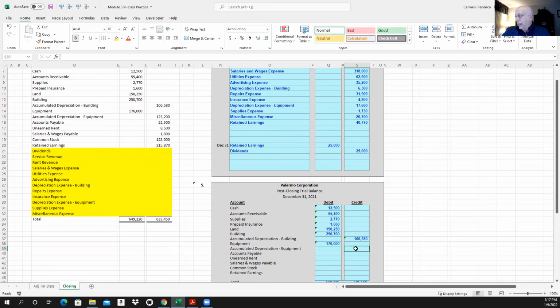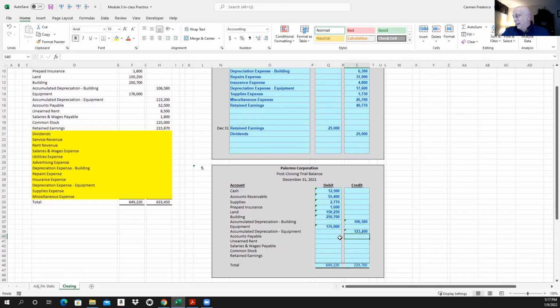So these are just our balances. We're not doing anything special here other than these are the balances that are left on our books that we didn't wipe out. Okay, accounts payable. We'd like to wipe out the accounts payable, but we can't. We've got to pay those bills. All right, unearned rent, and then salaries and wages payable, and then common stock 125.